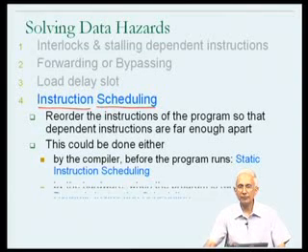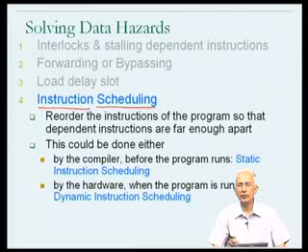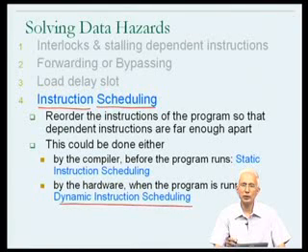As an alternative, the reordering of the instructions could be done by the hardware when the program is running, and this is what is known as dynamic instruction scheduling. I won't be commenting on dynamic instruction scheduling in this particular course. I'll just give you a general idea about what dynamic instruction scheduling might be like.